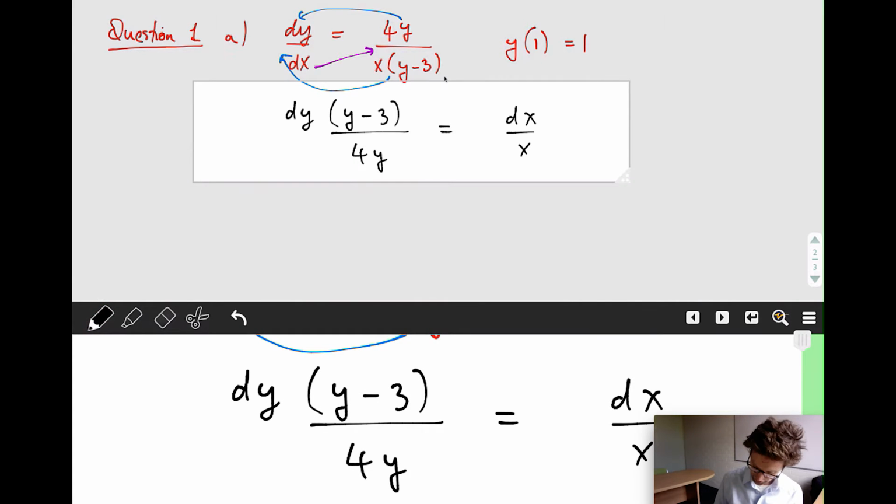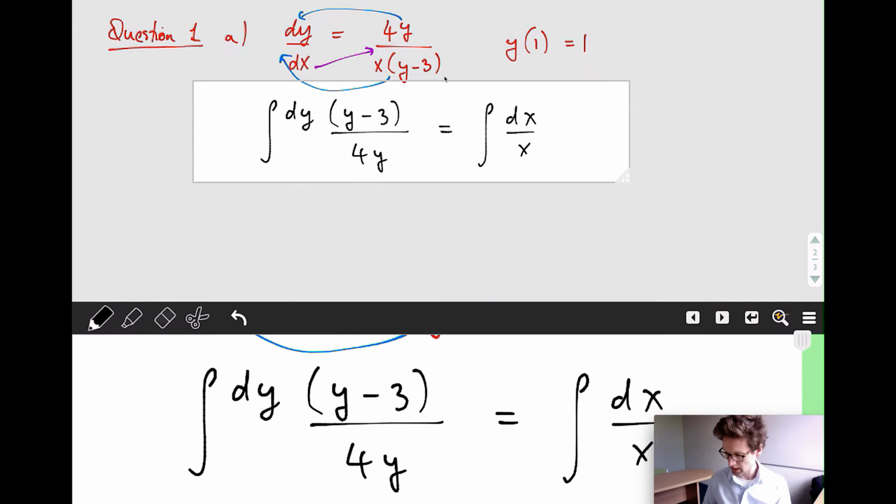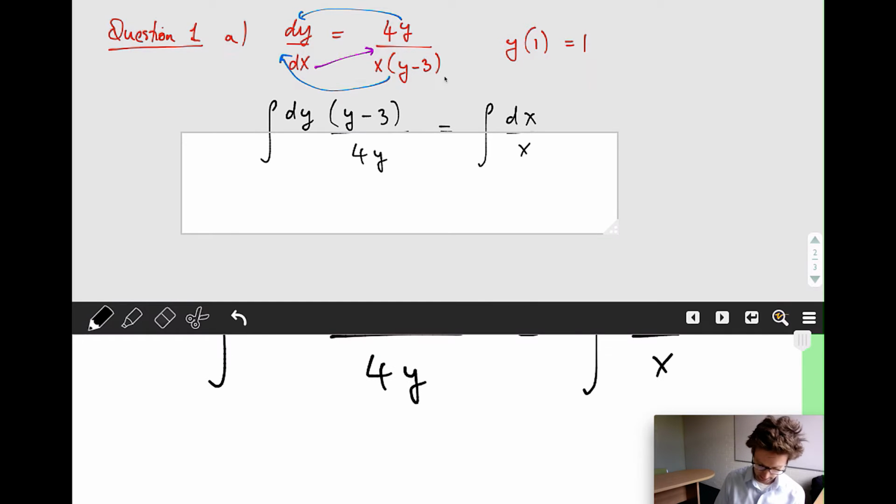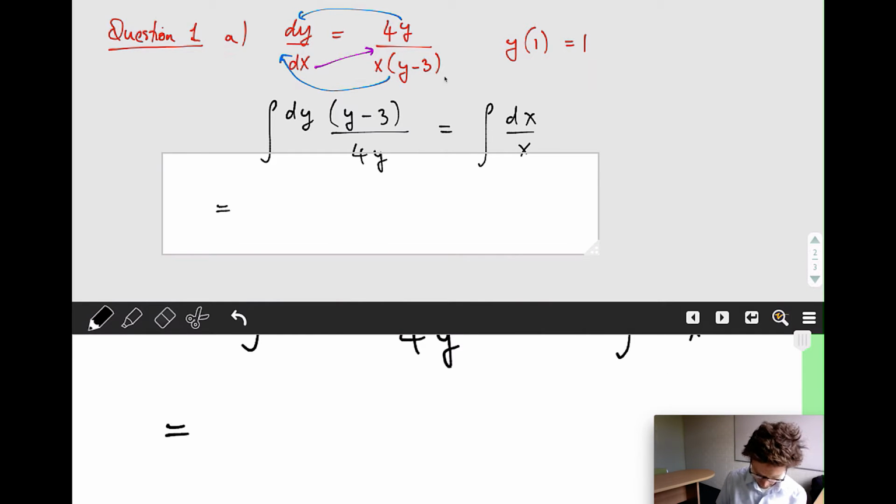So if I put integration symbols on both sides of this equation, you see the left-hand side now is just an integral involving y, and the right-hand side is an integral involving x. So the left-hand integral we can actually simplify a little bit. We can take that factor of 1/4 out the front.